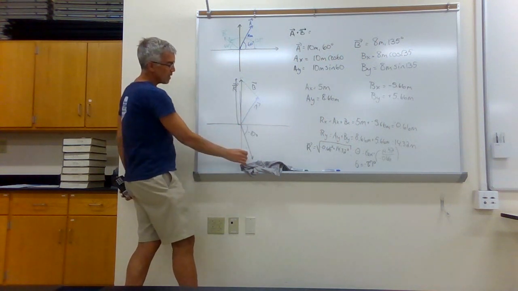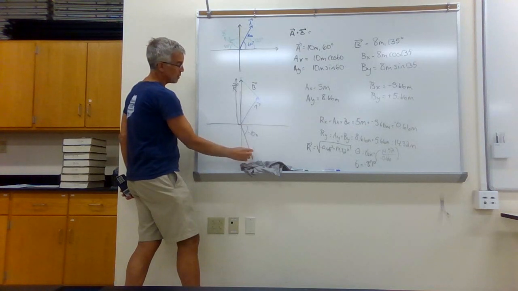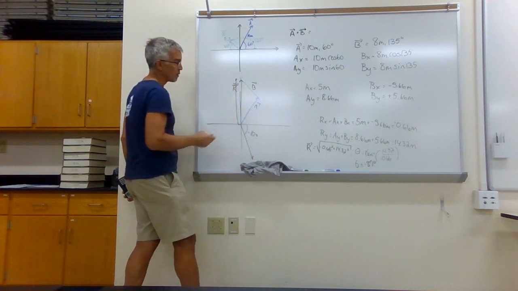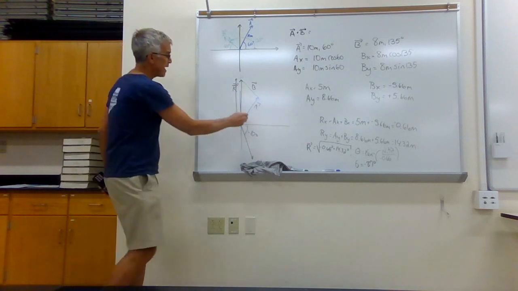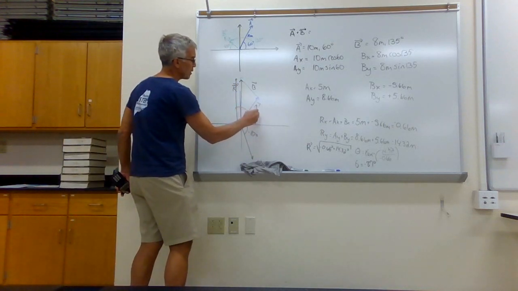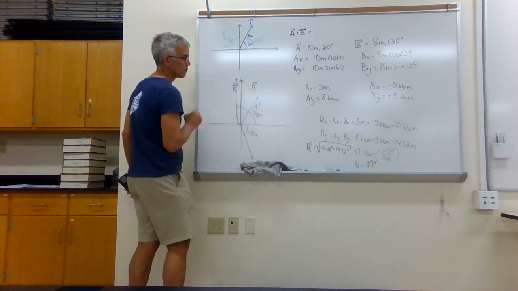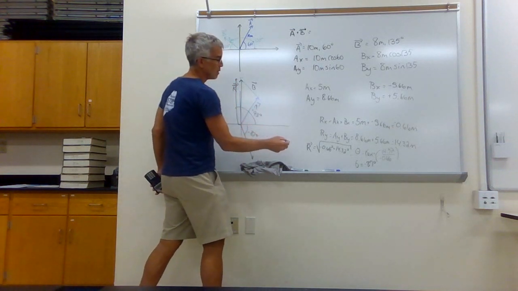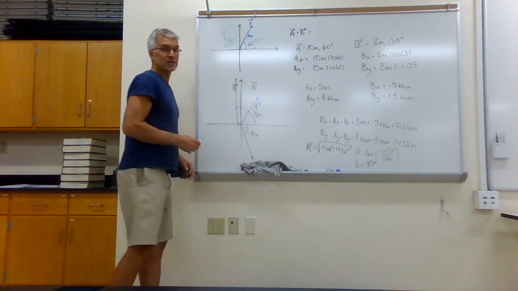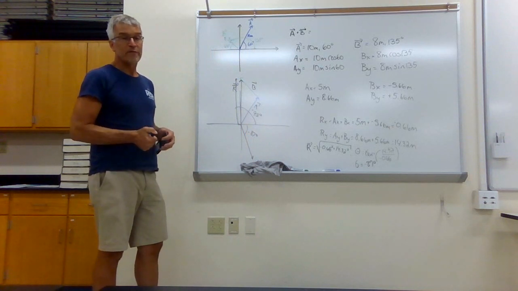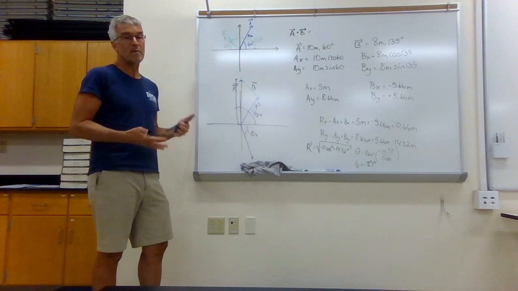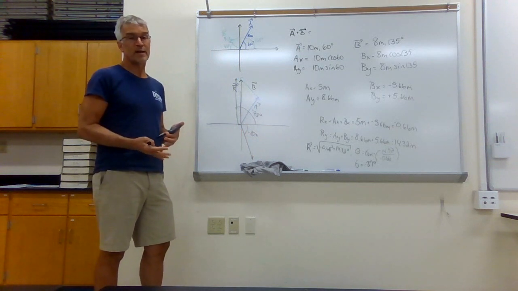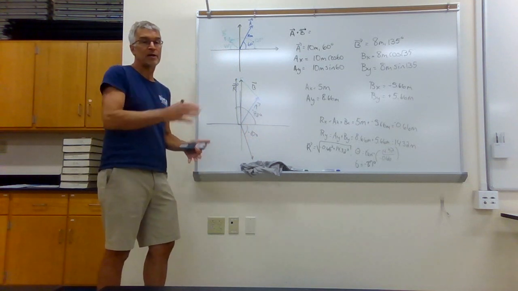In reality, the actual angle is 180 degrees from there. So if we add 180 degrees to that, our actual angle is really something like positive 93 degrees. That's something you have to pay attention to if you're taking the inverse tangent of a negative number. It may not give you the exact angle that you need. You might have to add 180 degrees to it.